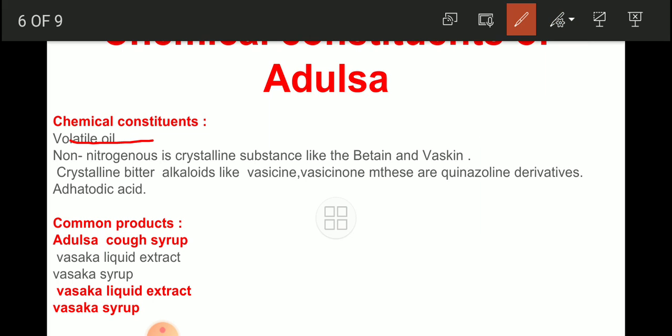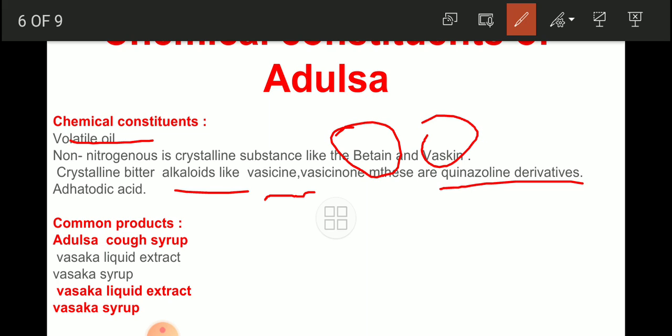Non-nitrogenous crystalline substances like the betaine and vasicine, isn't it? Again, crystalline bitter alkaloids are present, that is vasicine, then vasicinone, or again quinazoline. These are the derivatives of the quinazoline. Again, adathodic acid is present into that one.